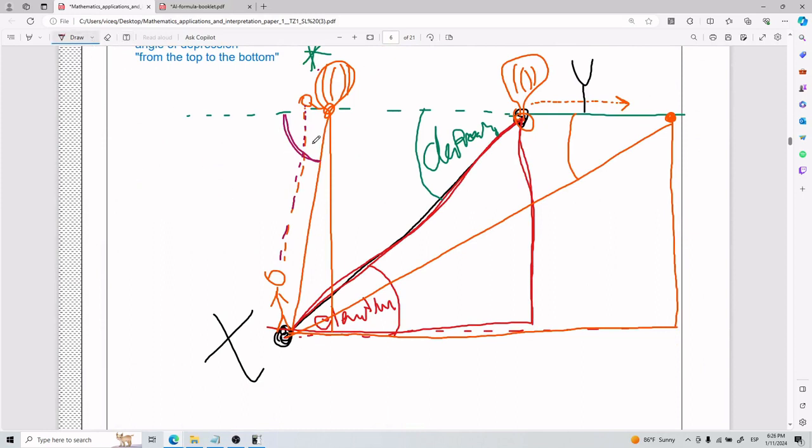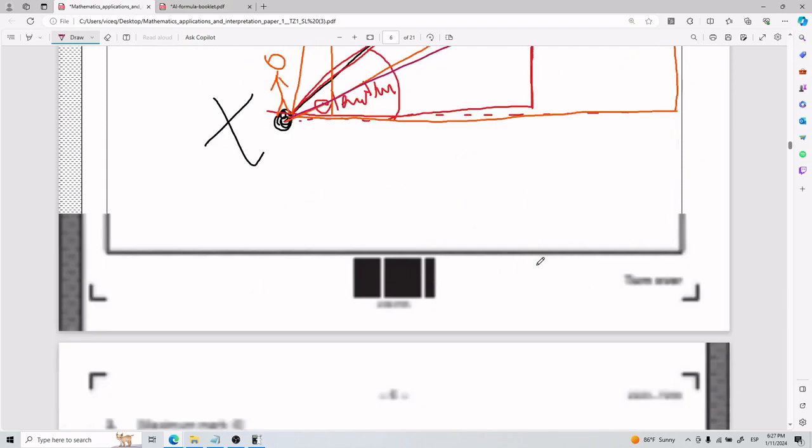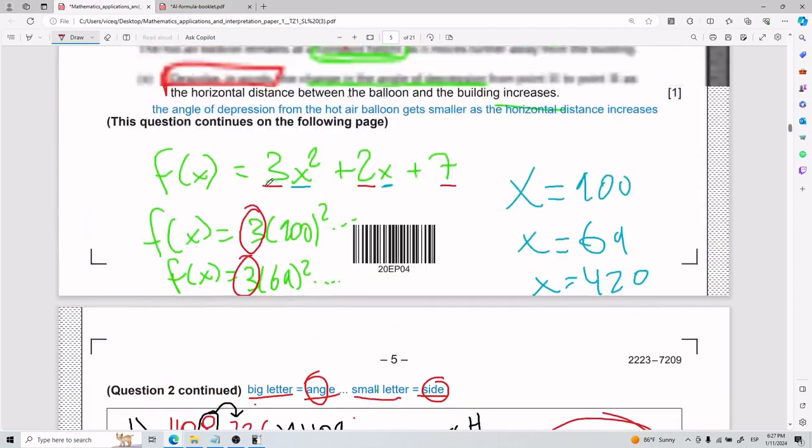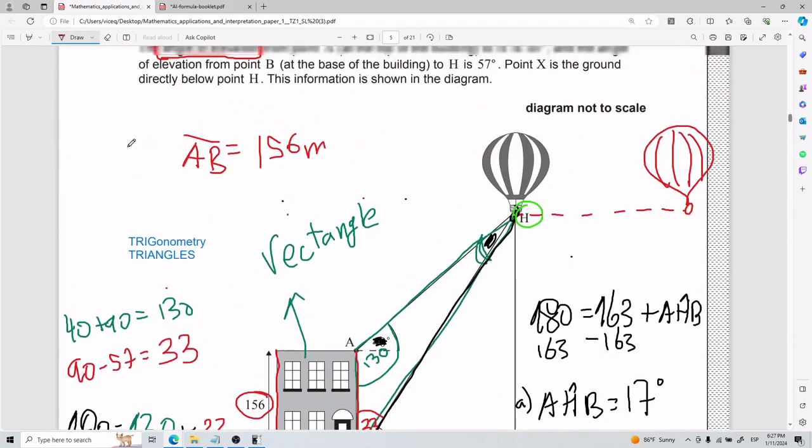Think about being super close to your friend on the hot air balloon, right on top of them. You are staring straight down. Now imagine that you're super far away. You're not looking straight down. In fact, you're almost looking straight ahead, with just a little bit of an angle. So, ladies and gentlemen, that would be for number 2.